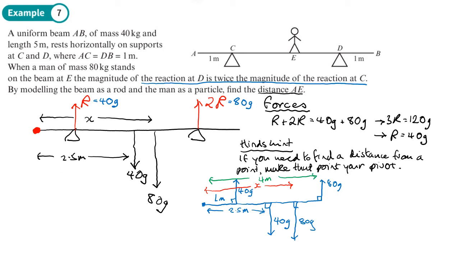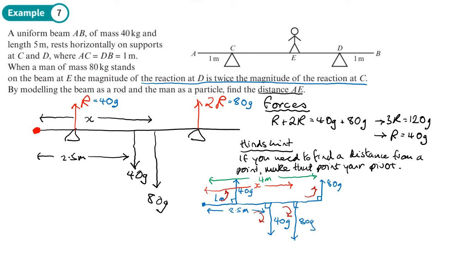Right, okay. Let's put which ones are clockwise and anti-clockwise. That's trying to pivot around that way. That's trying to pivot around that way. That's pivoting that way. That's pivoting that way. So that means that this one and this one equal this one and this one. There's my second equation.